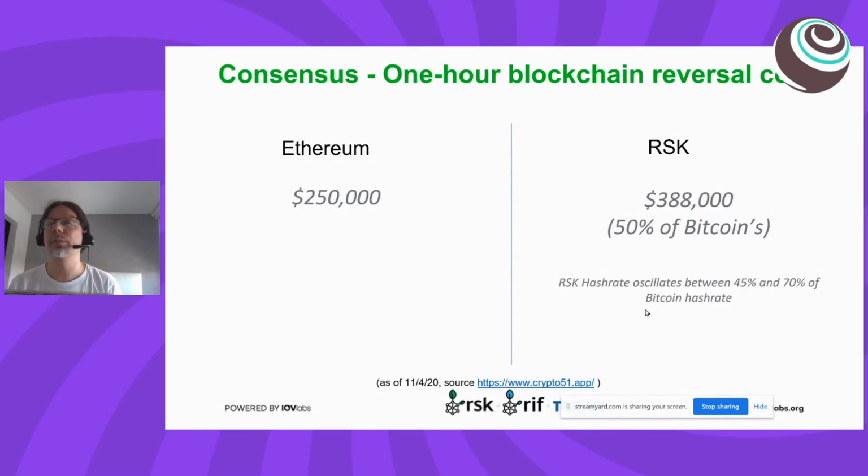In the case of Ethereum, it's about $250,000. And currently in RSK, these are yesterday's values, it's about $388,000, assuming 50% of the Bitcoin hash rate, which usually oscillates between 45 and 70% of the Bitcoin hash rate. So you will see that the current security of both blockchains is almost the same. It's a little bit more on the RSK side, but it's comparable. You get approximately the same level of security on both blockchains.